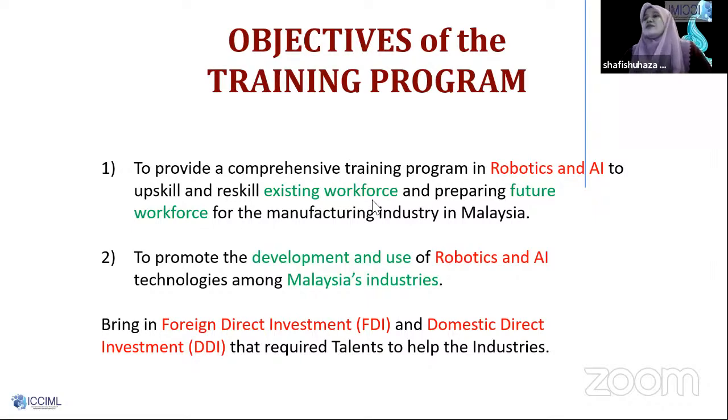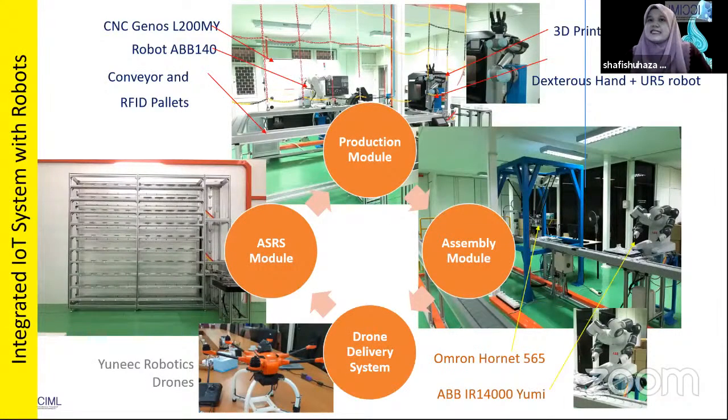Okay, so this is the lab I mentioned earlier in the slide. This is the intelligent manufacturing lab in CAIRO, KL, which is equipped with several advanced components such as the ABB robot, the dexterous hand, UR5, and the ABB YuMi, IRB 1400, which are all being utilized to provide trainings on AI and robotics in smart manufacturing in particular.